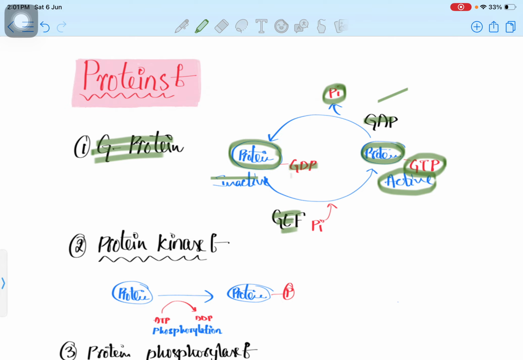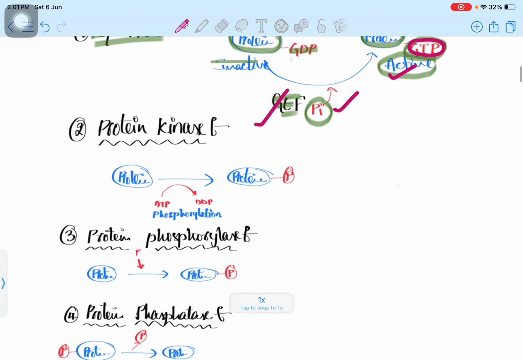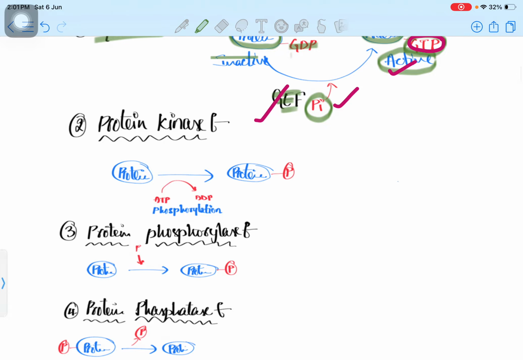But again I want to activate it for the signaling process. GEF will come and attach the phosphate on the protein, so the protein again gets GTP and gets activated. So inactivation is done by GAP and activation is done by GEF, which gives the phosphate. This is one way to activate, and another way is protein kinase. As you know very well, kinase means nothing but phosphorylation.